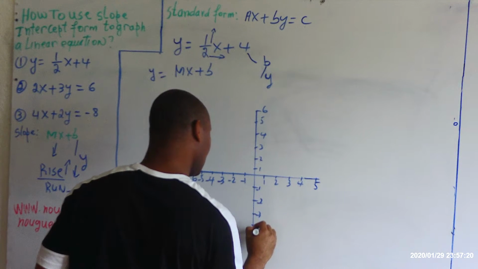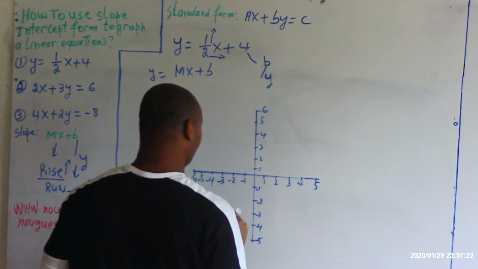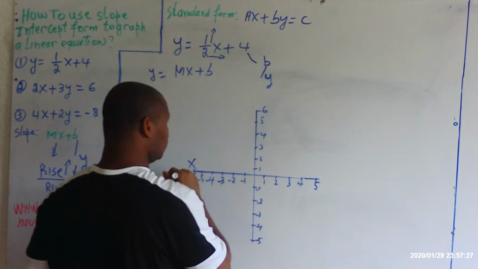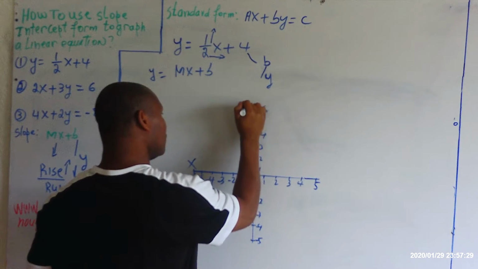Negative numbers go down, positive go up. This is the horizontal axis. This is the vertical axis.